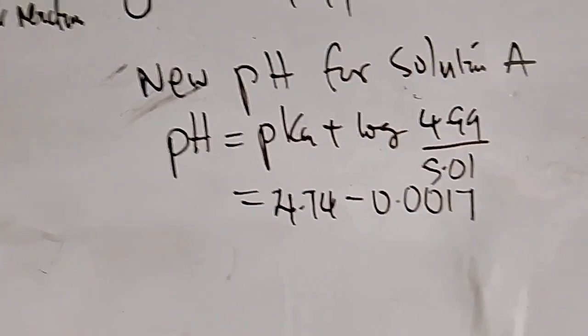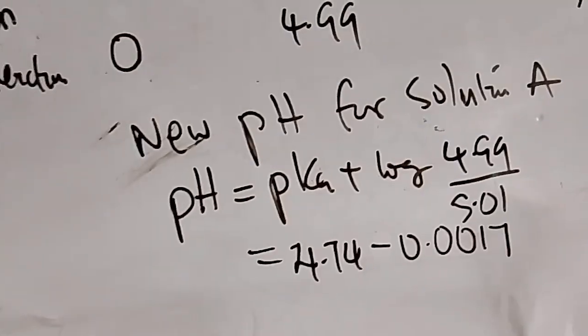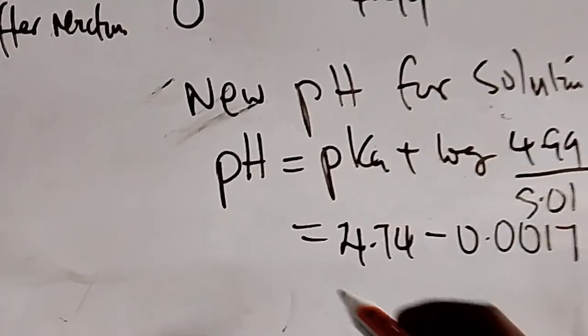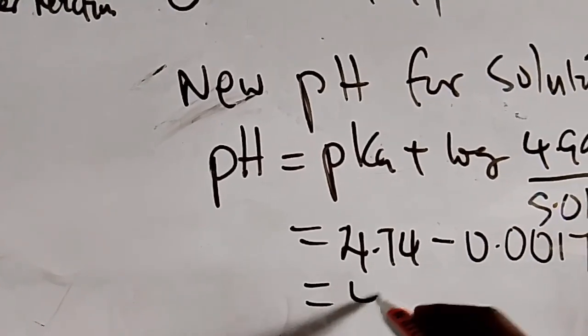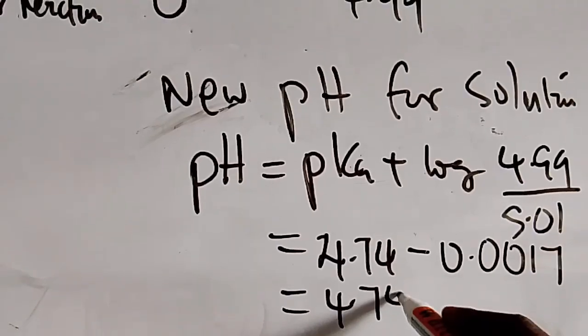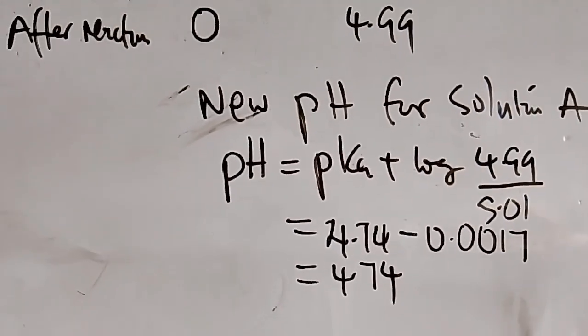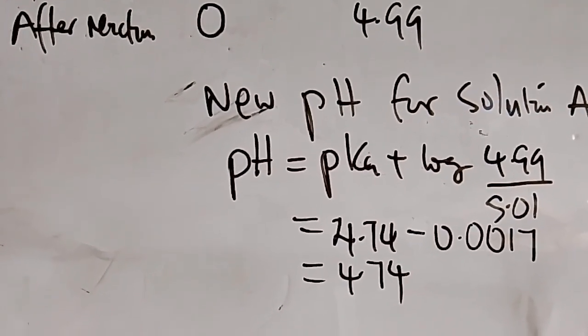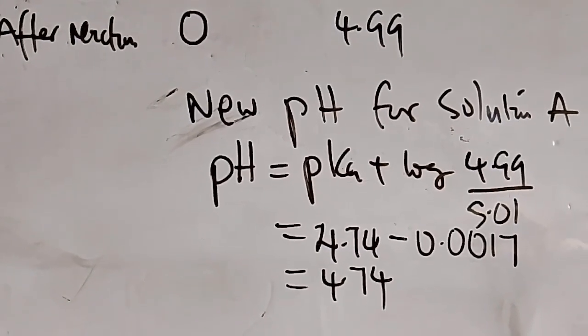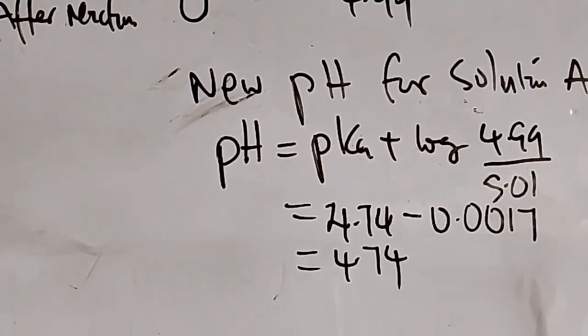That is the log you find when you divide 4.99 over 5.01. When you subtract, you are going to get 4.738. So that is the pH of solution A.